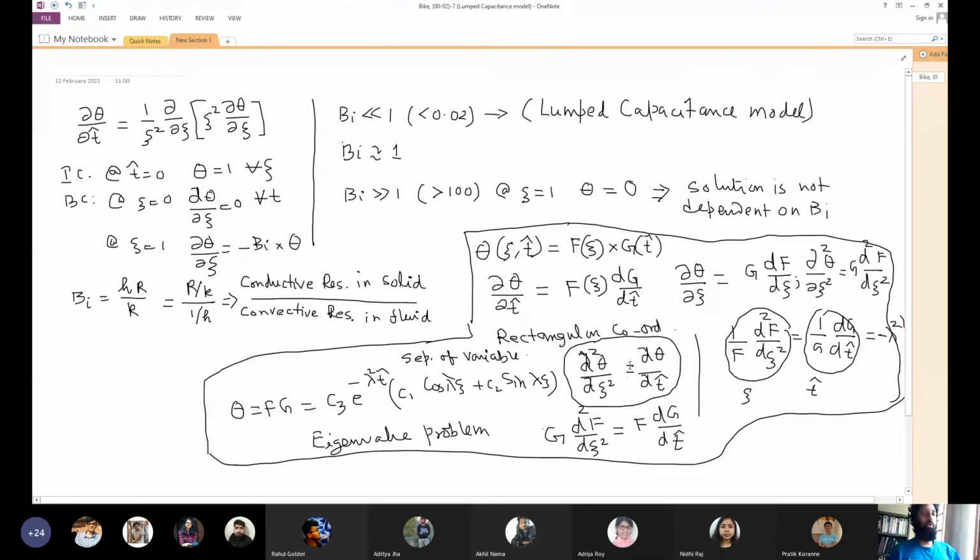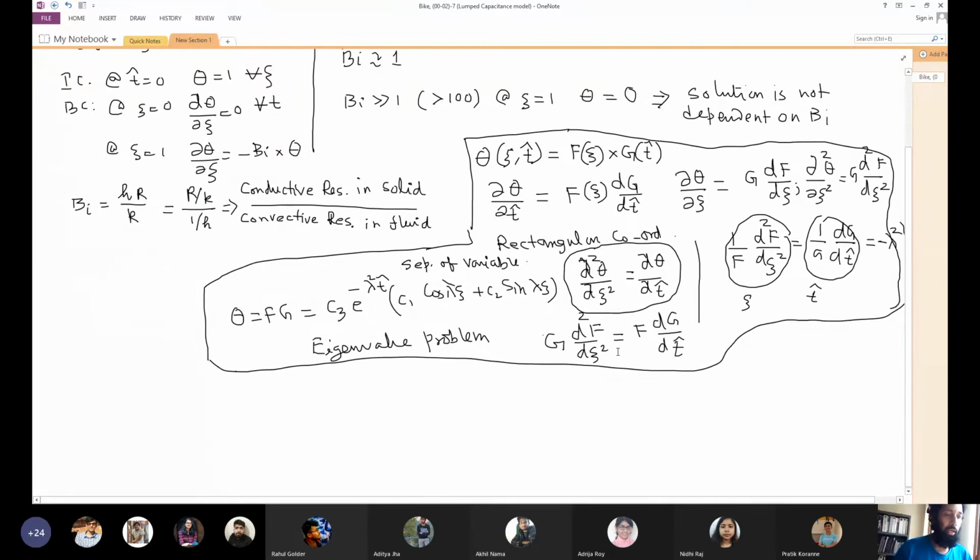Okay, so now let us look at the solution. The solution for the spherical case looks like this. Theta equals to summation n equals 1 to infinity.